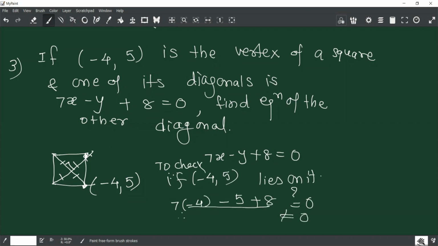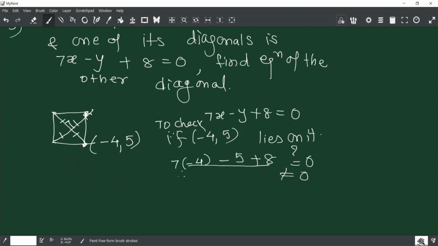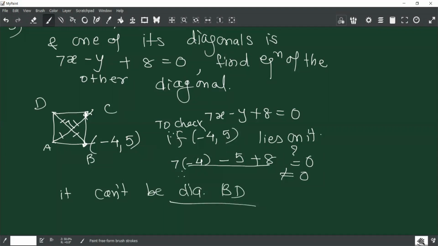That means LHS is not equal to RHS. What does that mean? If I name it A, B, C and D, then it can't be diagonal BD. Understand why? You understood the logic? Because point B is not lying on this diagonal, so it cannot be BD. Correct? So it has to be the equation of diagonal AC.